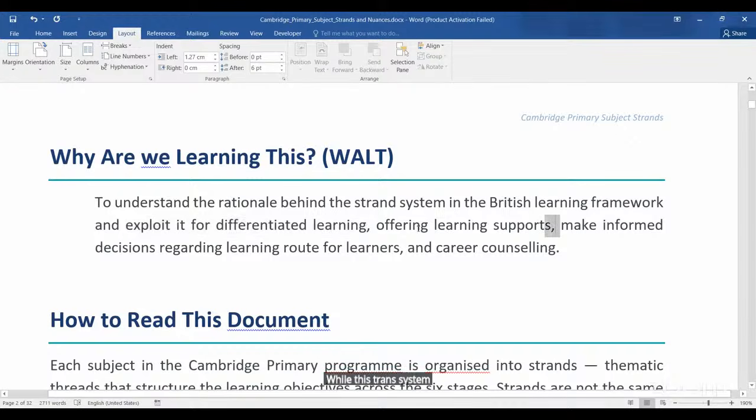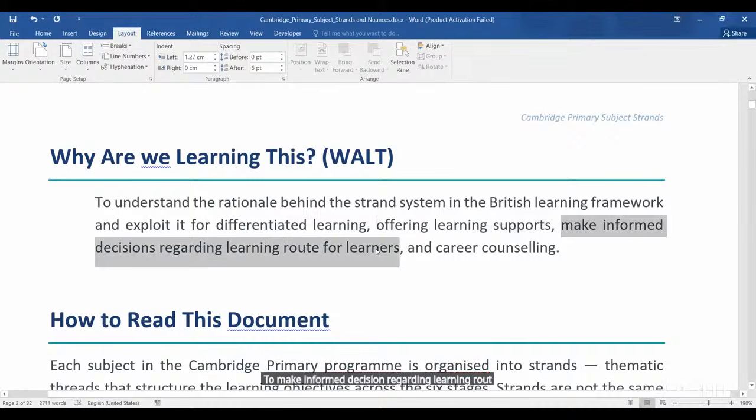It can be used to offer learning supports, identify learning weakness, know the exact learning support to give. Number three, strand system to make informed decisions regarding learning routes for learners. And the last one, strand system for career counseling.